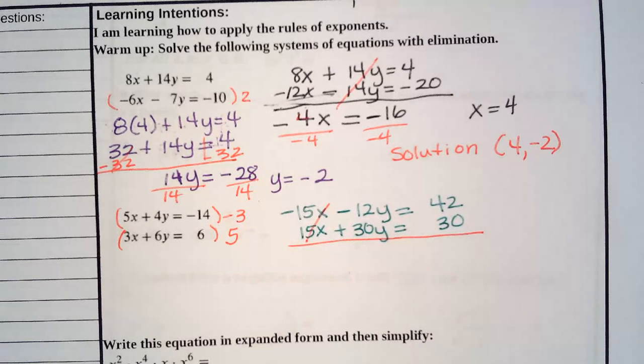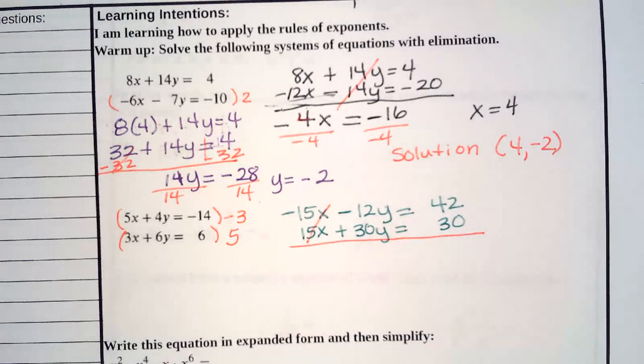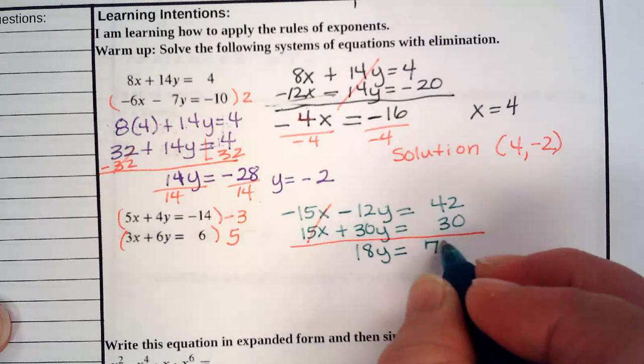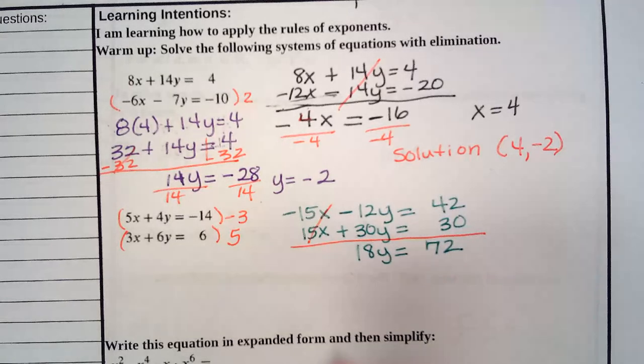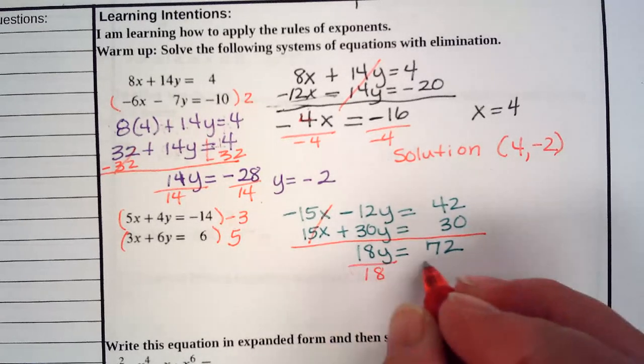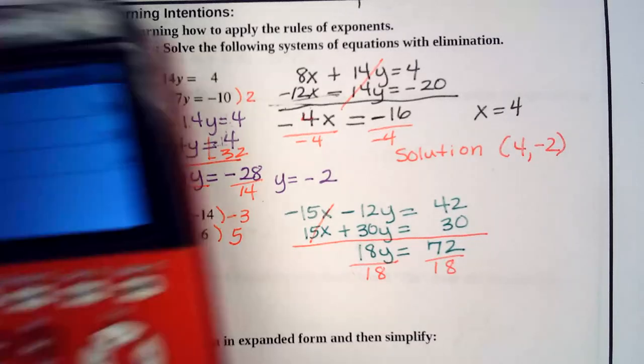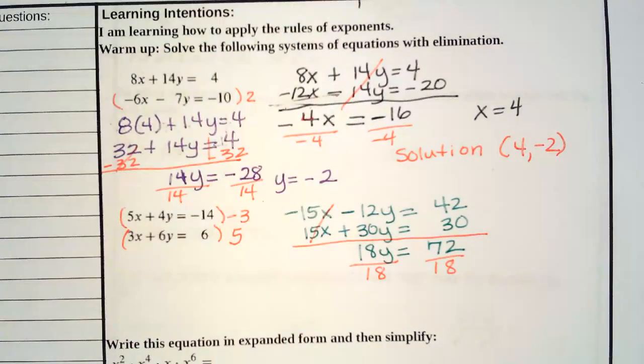Your x values have been eliminated. 30 minus 12 is 18. 18y is equal to 72. Divide by 18. 72 divided by 18 is 4. So y is equal to 4.